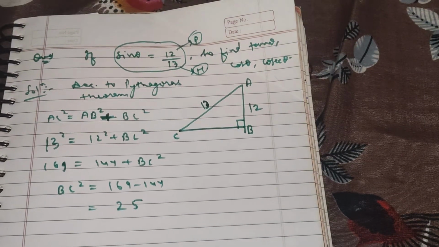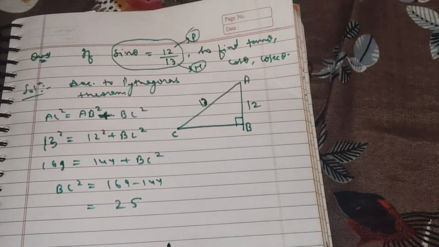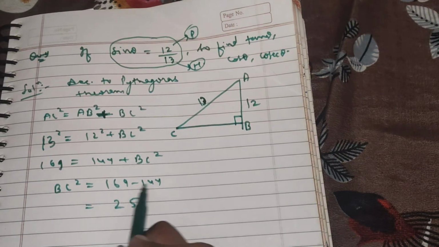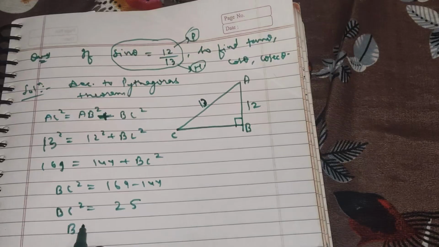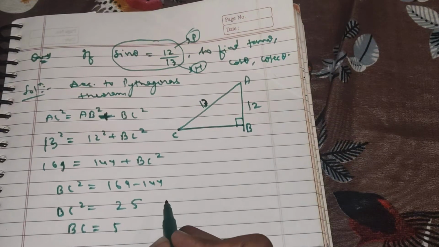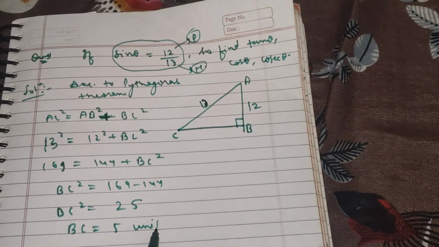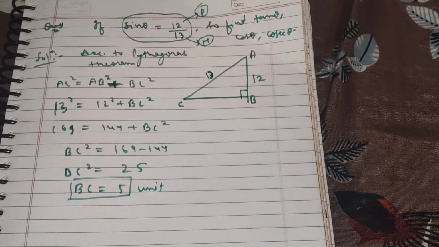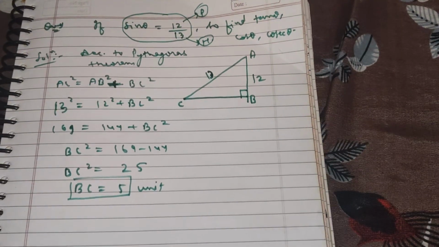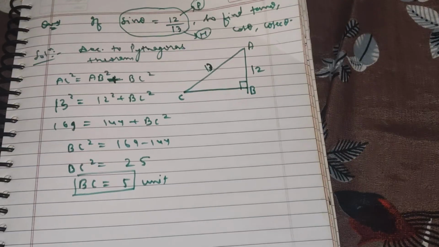So BC is equal to 5 units. No unit is given, centimeter or meter, so we can write it simply as unit. So BC is 5 units.